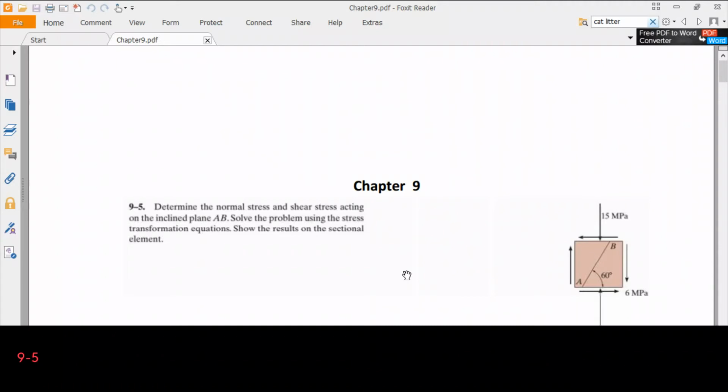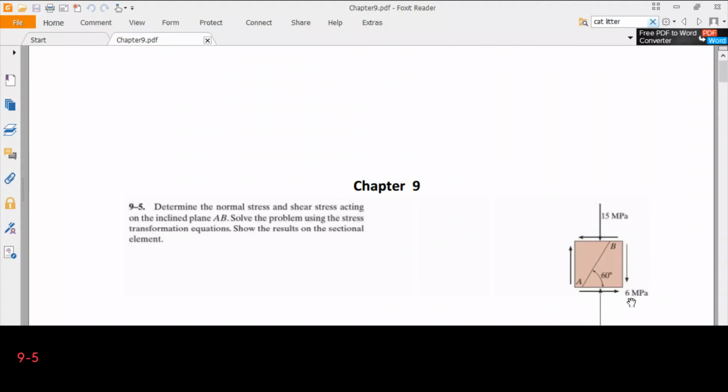Okay, our problem is 9.5. Determine the normal stress and shear stress acting on the inclined plane AB. Solve the problem using the stress transformation equations. Show the results on the sectional element. Okay, so we have a unit volume or cube. We are given the shear stress.